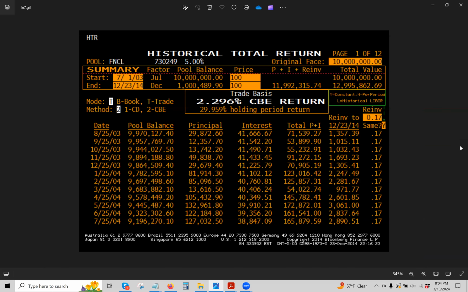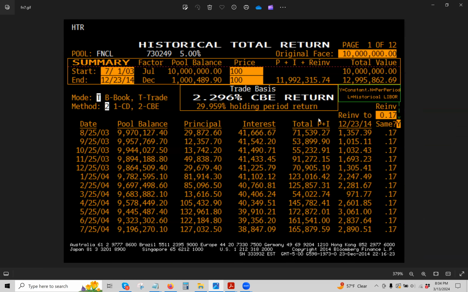And again, this is investor related information, historical total return. You can pause this and take a look at it, get an idea. But this just gives you a historical view of what type of return this is giving. Again, this is investment side information, but still good information to have here.